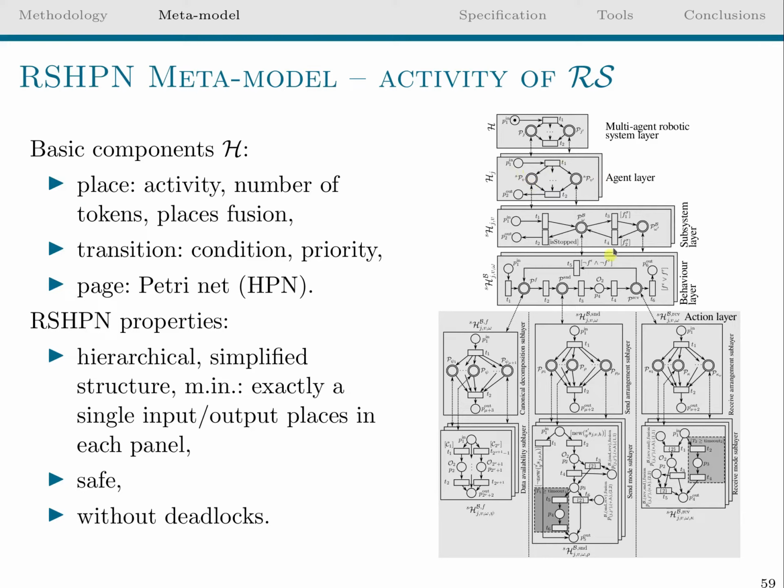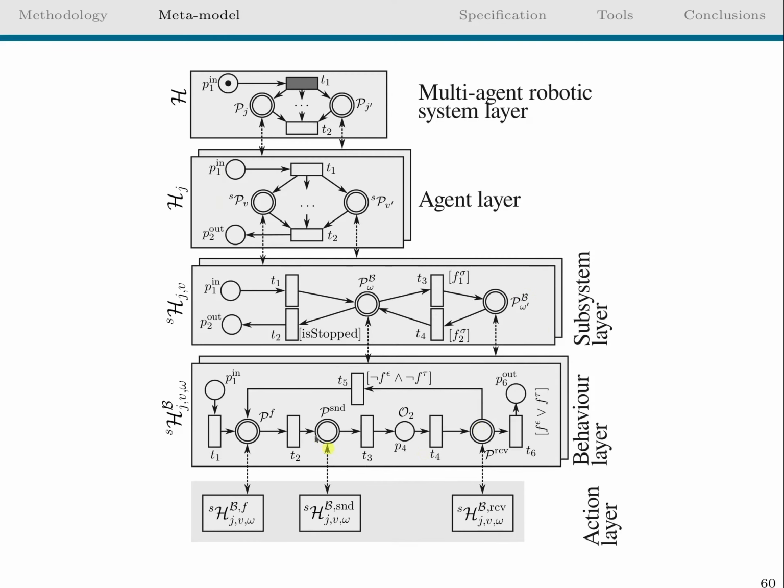In each lower layer Petri net there is a single input place and a single output place, and they are decomposed into very simple and straightforward Petri nets, which ultimately enables us to perform analysis of the whole Petri net, as was presented in 2022 in our RAS paper.